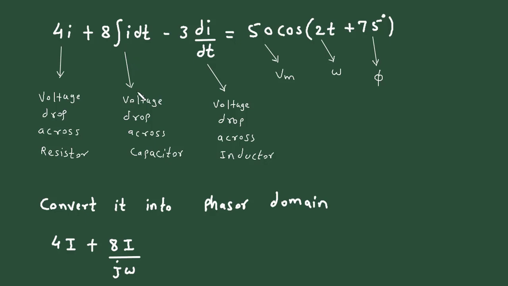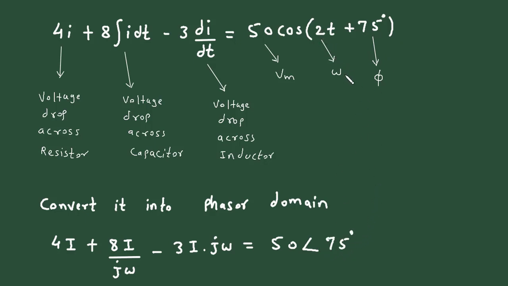So this is how we convert this time domain into its equivalent phasor domain. Then minus 3I multiplied with j omega, it is equal to, now this will be 50 at an angle of 75 degrees.